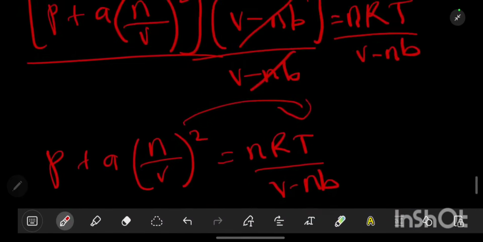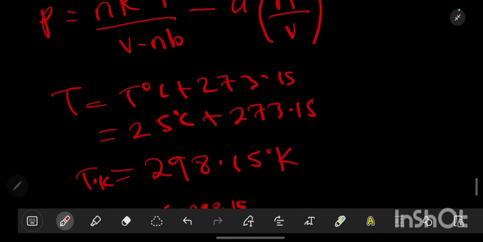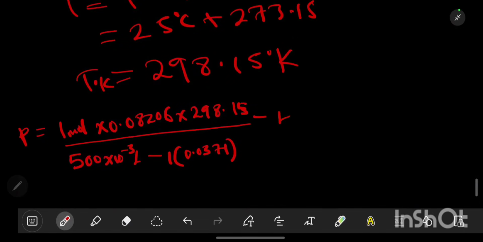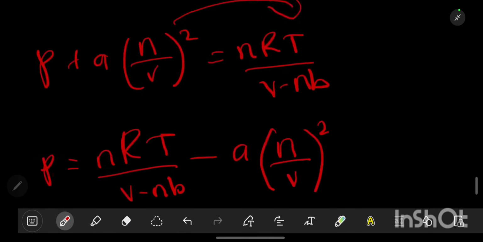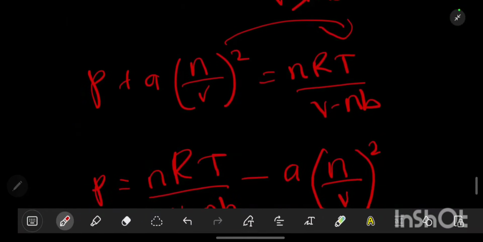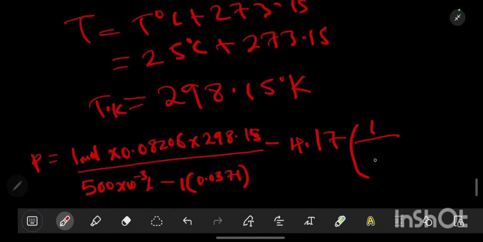Our a is 4.17, so we can replace it there. We multiply by the number of moles, which is 1, over, so we have our n over V. So we are going to write our V as 500 times 10 to the power negative 3 liters, like that.